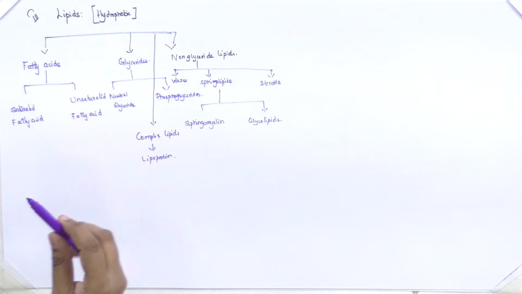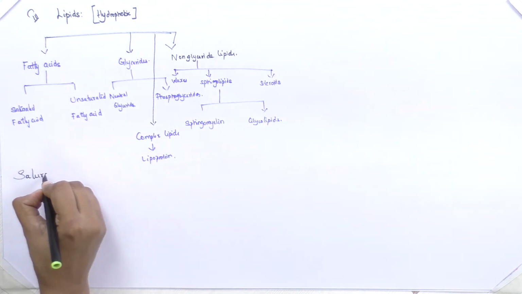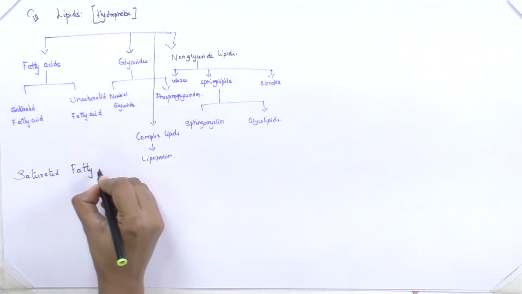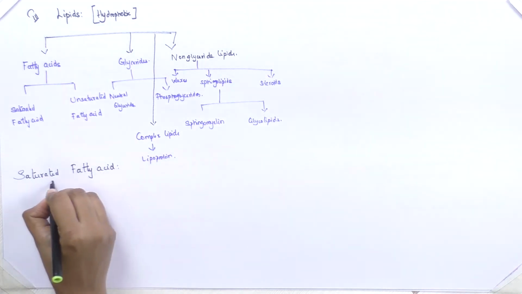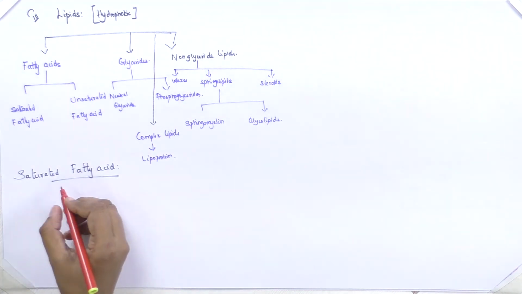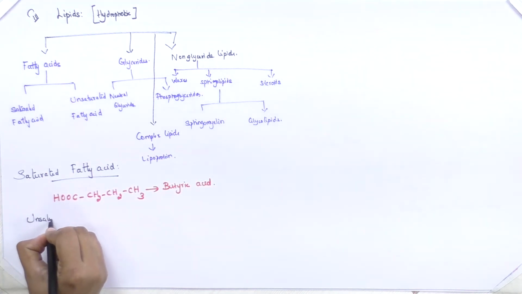So first starting with saturated fatty acids. One of the best examples for saturated fatty acid is butyric acid. Next is unsaturated fatty acid.